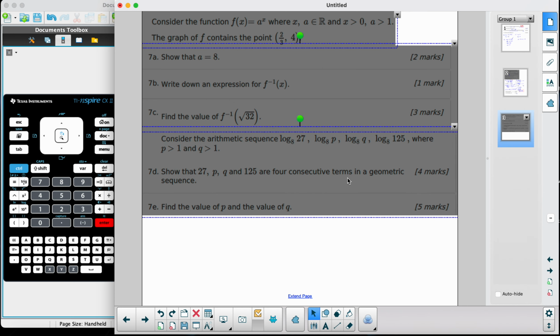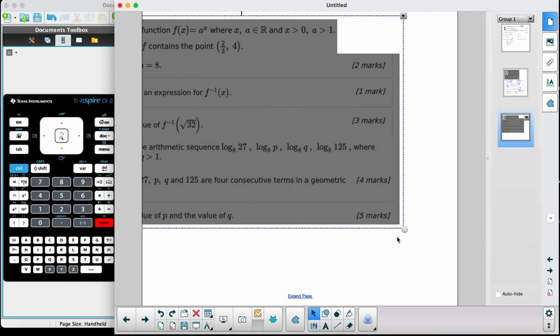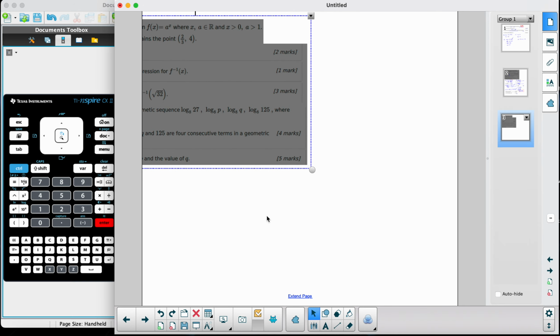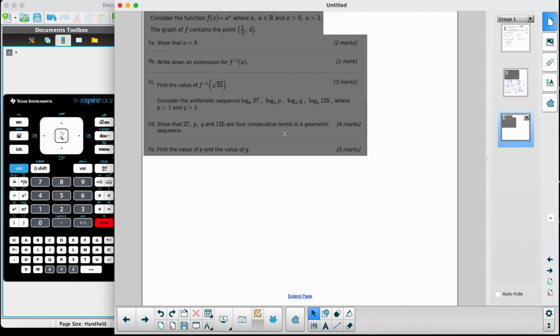I'm going to group it, make it smaller. All right, here we go. Consider the function f of x equals a to the x.